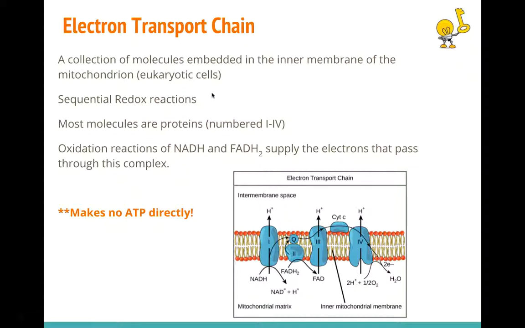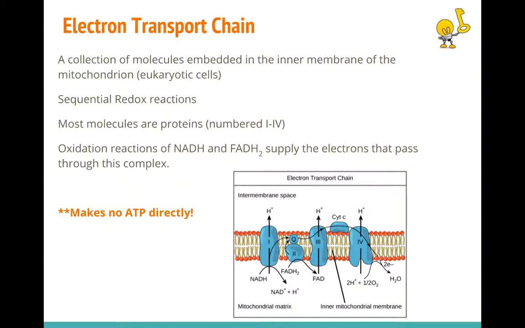They've numbered the participants in the electron transport, these proteins, with Roman numerals 1 through 4, and we are going to oxidize the NADH and FADH2 molecules, and the electrons that come off of those will be passed through these complex of proteins, going from a high energy state to a lower energy state.